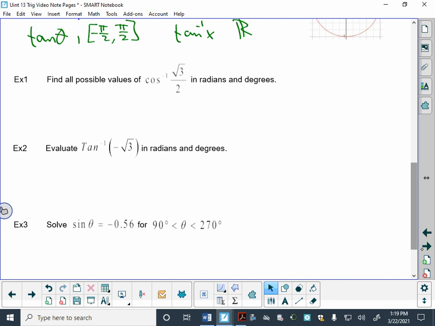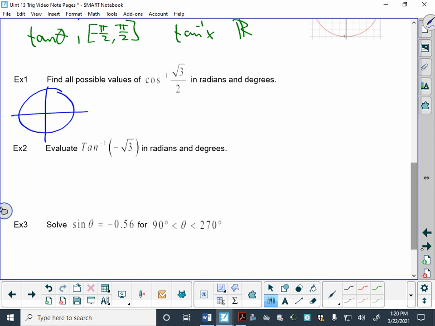So find all the possible values of inverse cosine of square root of 3 over 2 in radians and in degrees. Okay? Well, inverse cosine, so I'm talking about x values here that would be square root of 3 over 2, and I recognize those numbers.